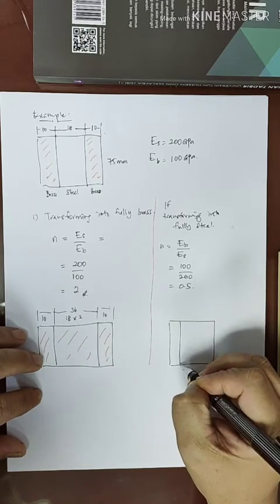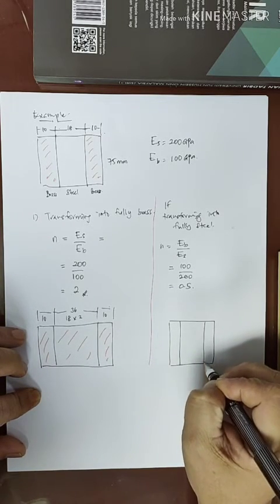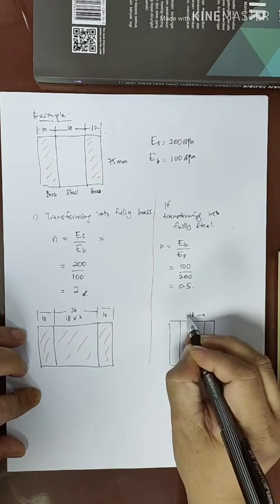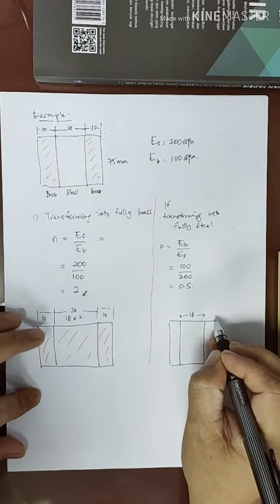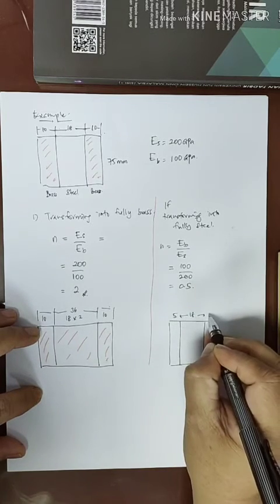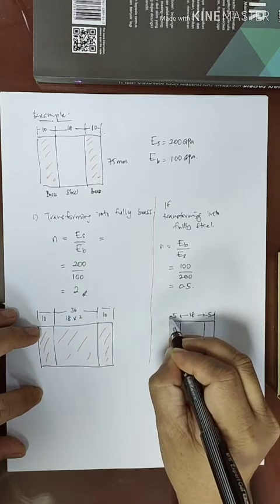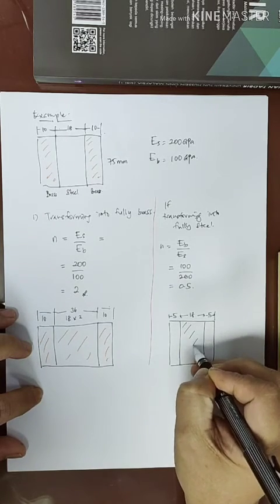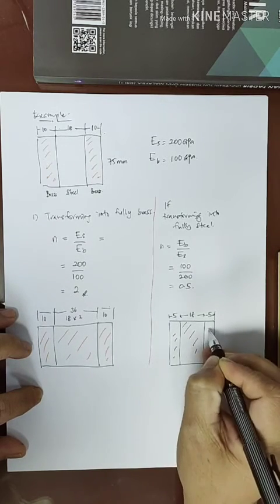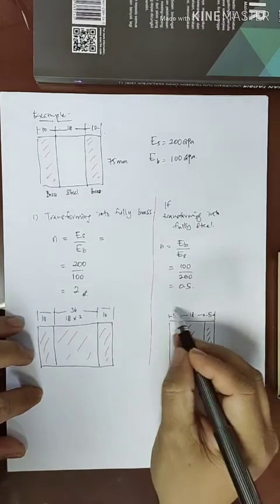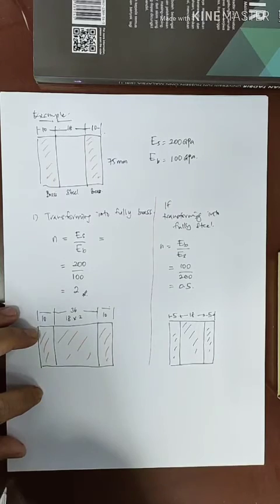We have the original steel width, which is 18, but the value of the steel converted from brass is half of its width, which is 5 only.